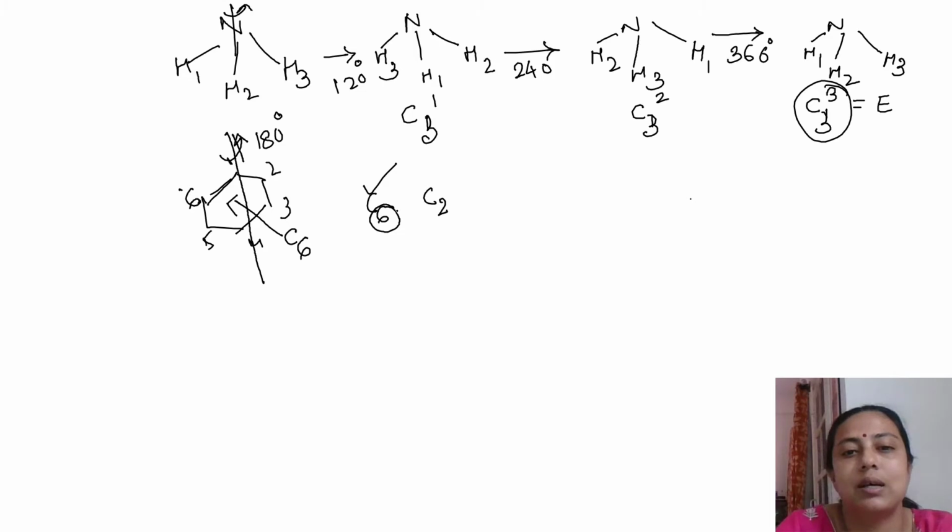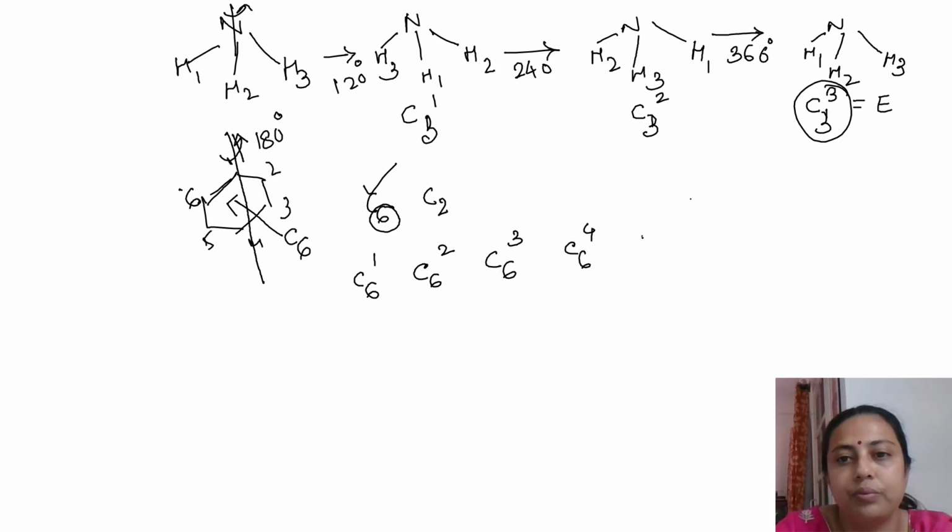Now, one interesting thing to note: while benzene has C6, just like ammonia, it is going to have C61, C62, C63, C64, C65, C66.